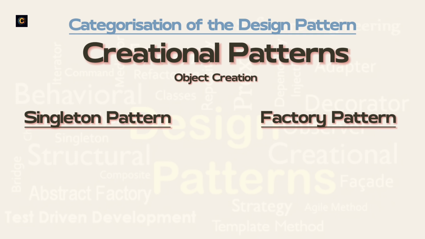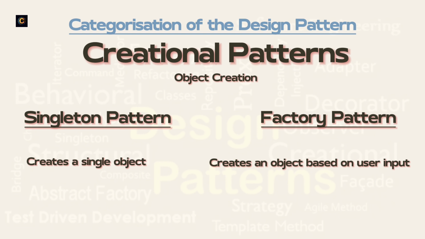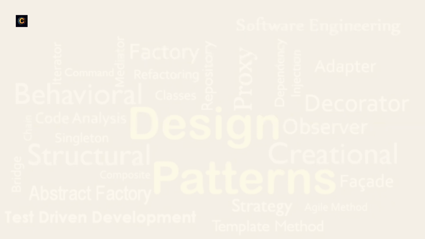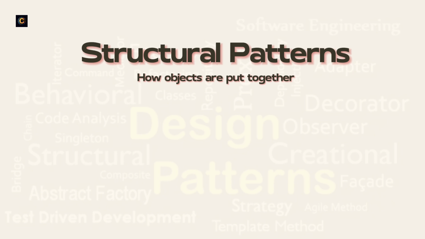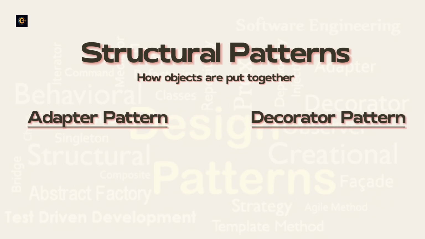But why do singleton and factory pattern come under this creational category? It is because the singleton pattern creates a single object and the factory pattern creates an object and provides it to the end user based on the user input. Structural patterns. These are about how objects are put together. Example, adapter and decorator pattern.